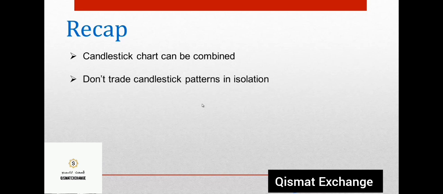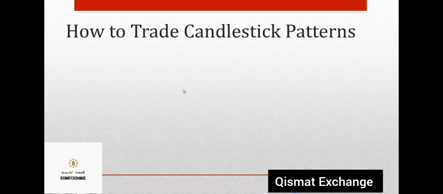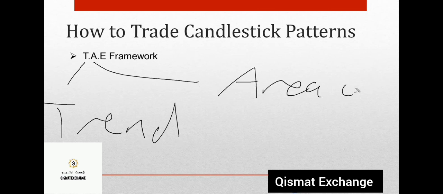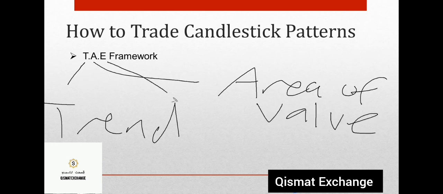So now you might be wondering, okay Rainer, how should I trade candlestick patterns? Let's talk about that. How should you trade candlestick patterns? I would like to introduce to you something I call the TAE framework. TAE stands for trend, A is area of value, and E stands for entry trigger.